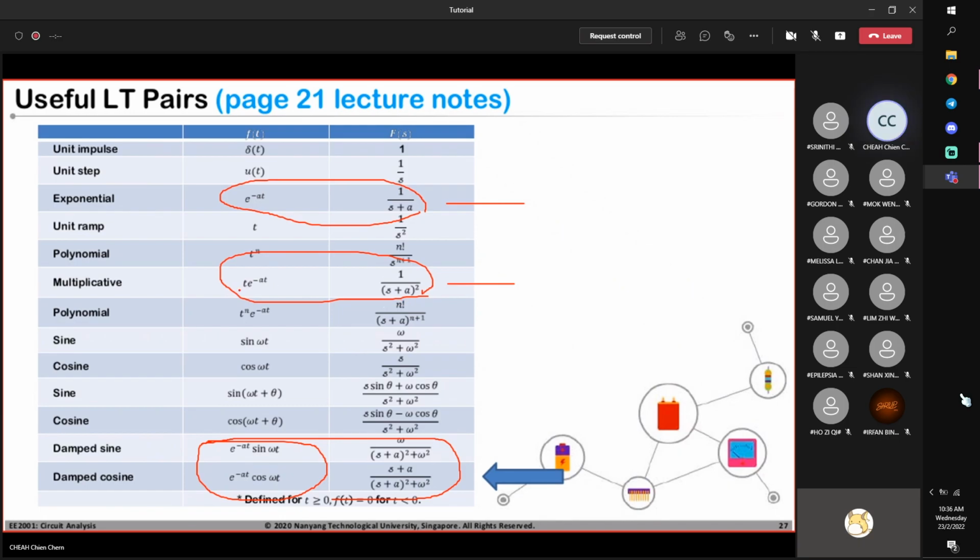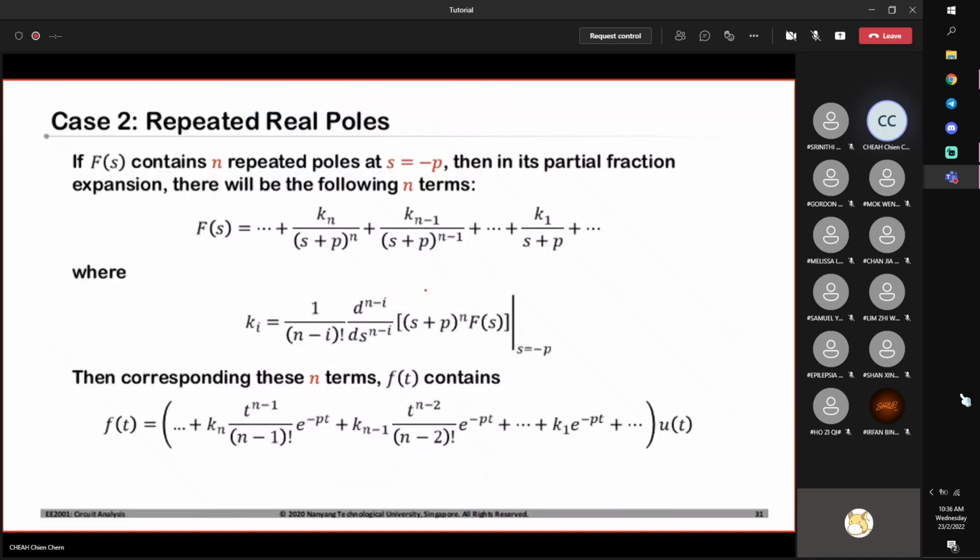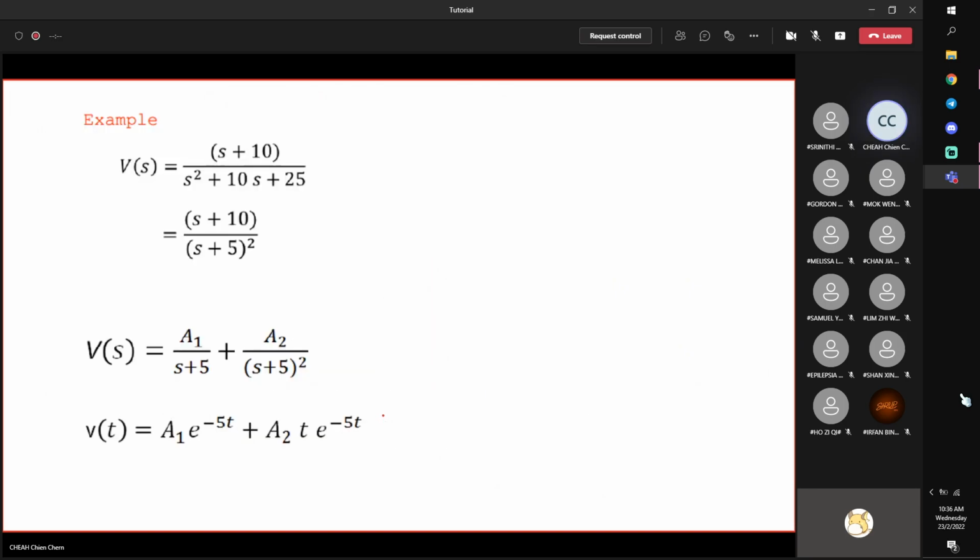Now, some of you will be wondering why there's this additional t. Actually it's because of the repeated s squared. For example, if you look at this one, actually this is one way to calculate the coefficient, but as far as a second order system is concerned, as in this case, it's quite easy to calculate. I'll just show you one example.